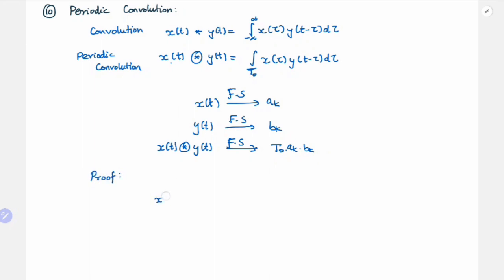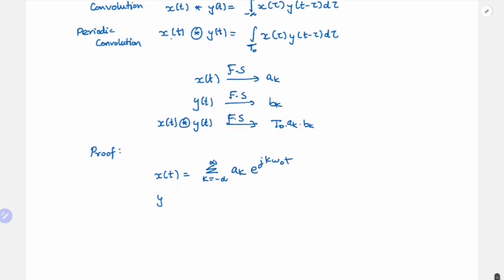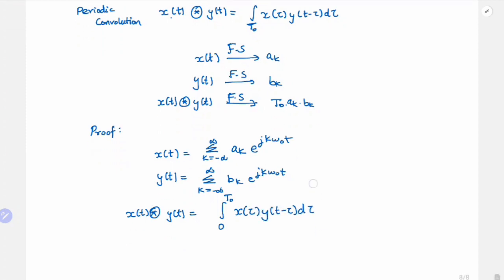Proof. So we have x of t equal to summation k equal to minus infinity to infinity ak e power jk omega naught t. y of t is equal to summation k equal to minus infinity to infinity bk e power jk omega naught t. So x of t periodically convolved with y of t is nothing but the integral over t naught. Let me take 0 to t naught, x of tau, y of t minus tau d tau.